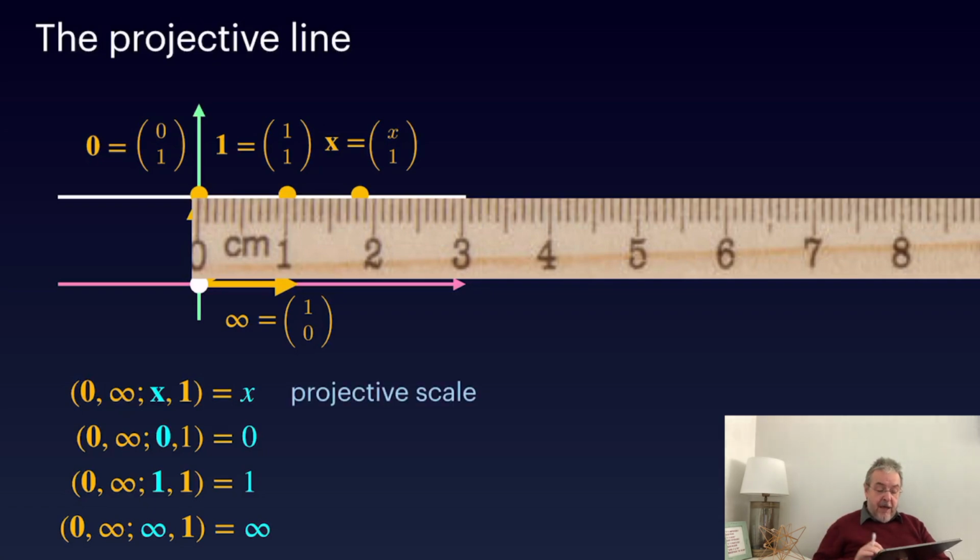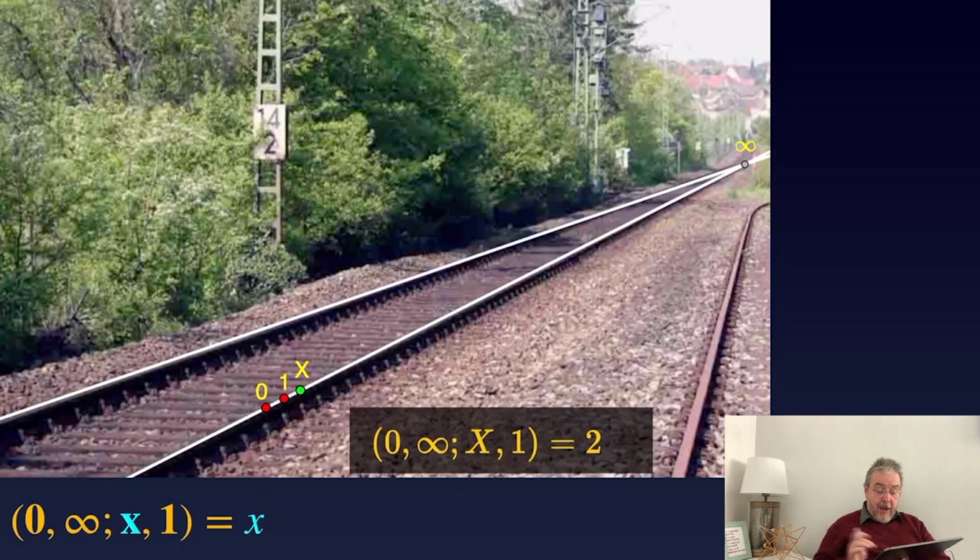And here is a kind of, I would say, impressive example. Here I have the following situation. I've taken a picture of railroad tracks, and if you look at those screws that you have here, they are pretty nicely at equal distance, and by taking these two lines you can calculate the position of the point at infinity here.